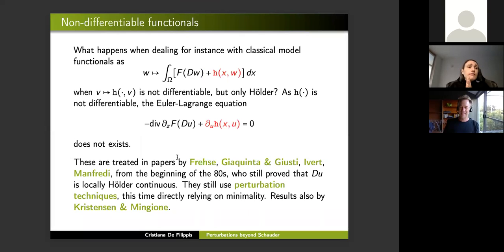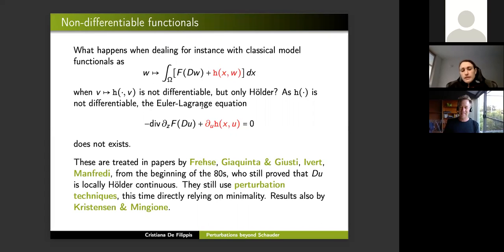So we see that in the variational setting, the crucial tool is the possibility of exploiting the Euler-Lagrange equation. So let's see what happens if the Euler-Lagrange equation is no longer available. We consider this variational integral, okay, where f either satisfies Ladyzhenskaya and Ural'tseva's assumptions, or it is again the p-Laplacian. Here h is a lower order term that is measurable in x, okay, and then continuous in w. What does it mean?